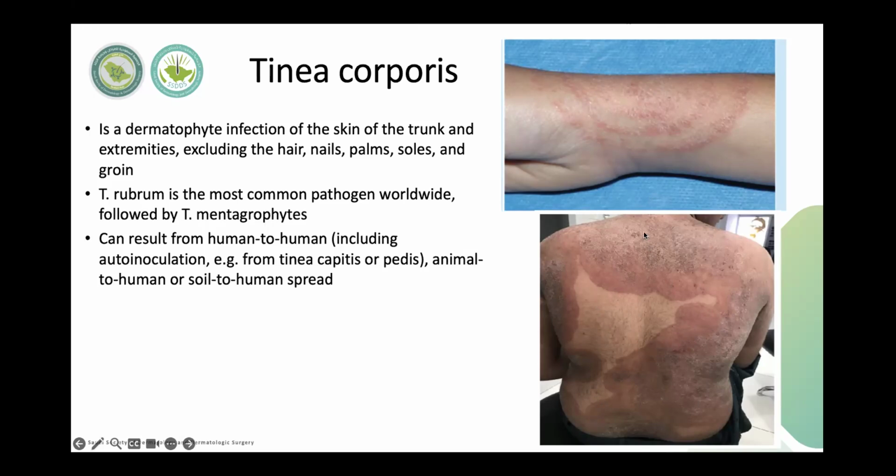Just keep that in mind. As for diagnosis, KOH can be done, or biopsy, and a lot of things can be done, but usually it's just a clinical diagnosis.